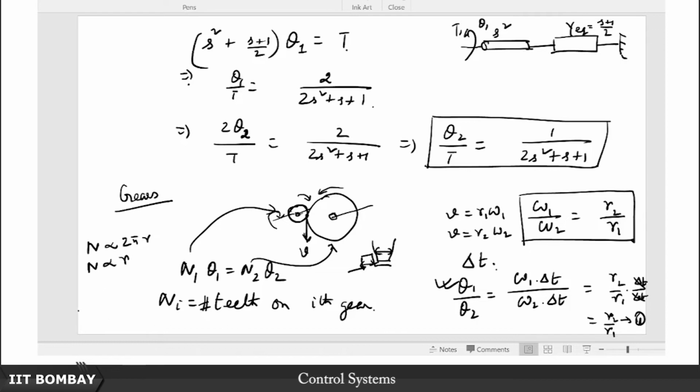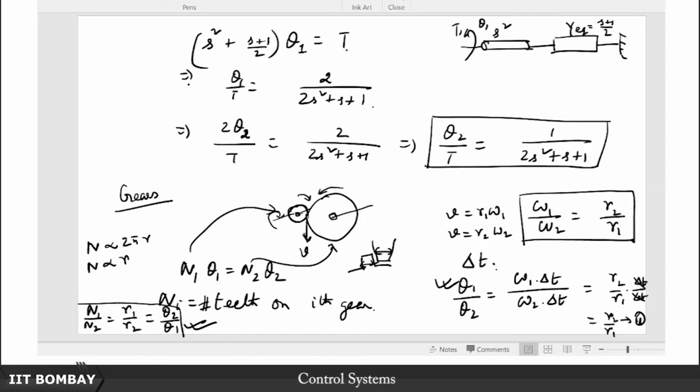So now we can write that n1 by n2 is equal to r1 by r2, but we have already seen here that r2 by r1 is equal to theta 1 by theta 2. So therefore this is nothing but equal to theta 2 by theta 1. So let me box this part now. This is now an important equation.